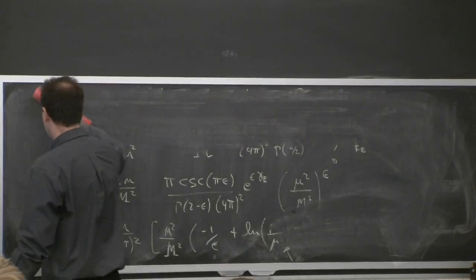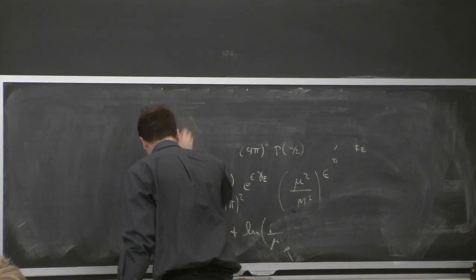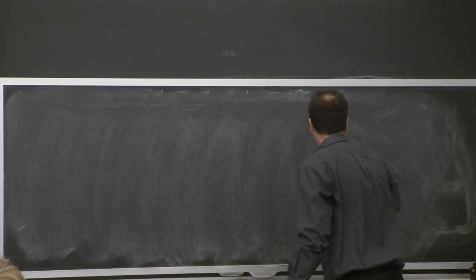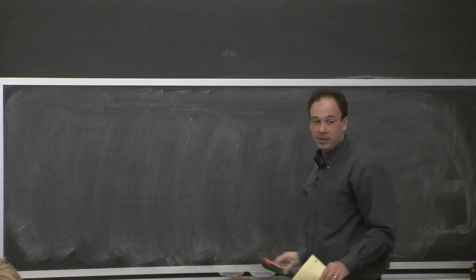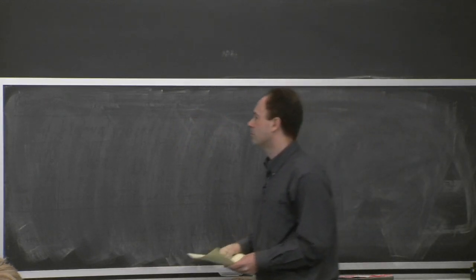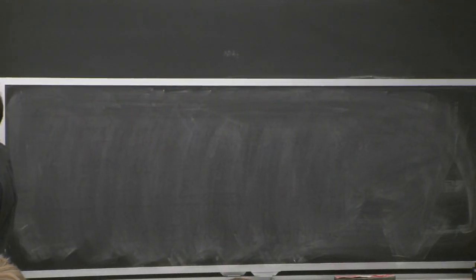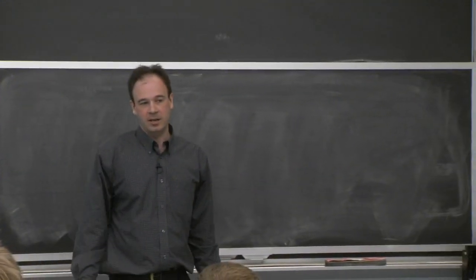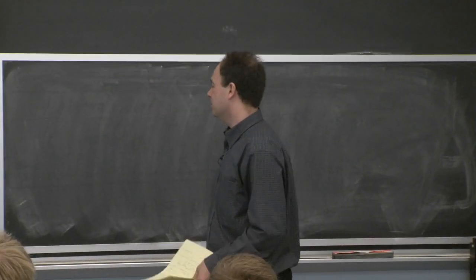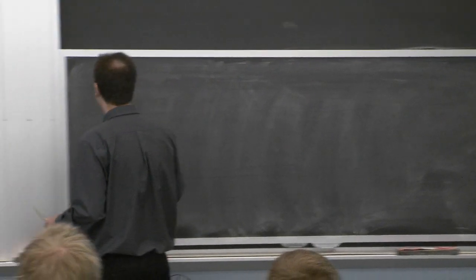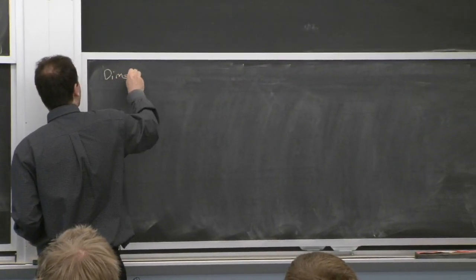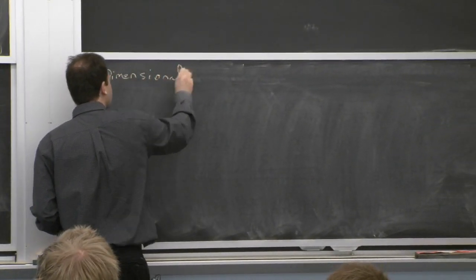You should be able to think about the physics that you're after with different regulators and come to the same conclusion. It just may be easier with one regulator versus another. So we've said in these kinds of theories where we have dimensional power counting that dimensional regularization is special. So I want to talk a bit more about dimensional regularization.